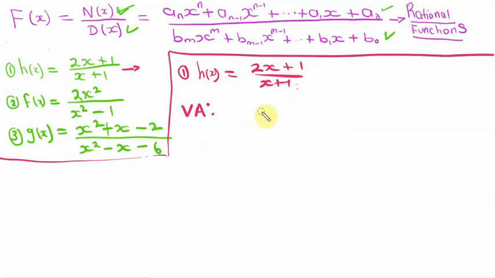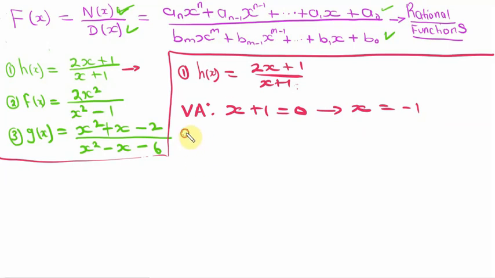To find the zero, you equate the denominator to 0 and solve for x. So in this case, x equals minus 1 is the zero of the denominator. Therefore, our vertical asymptote lies at x equals minus 1.